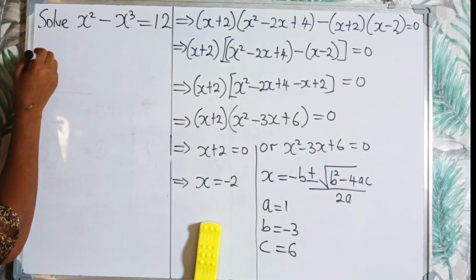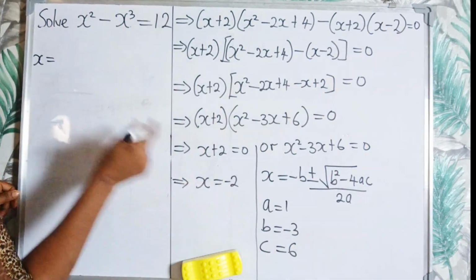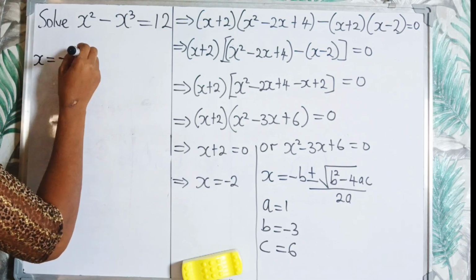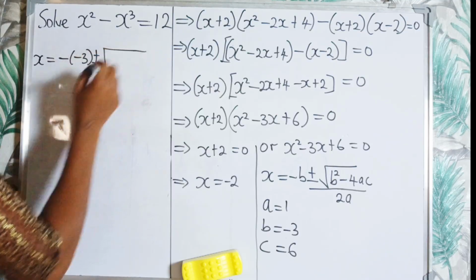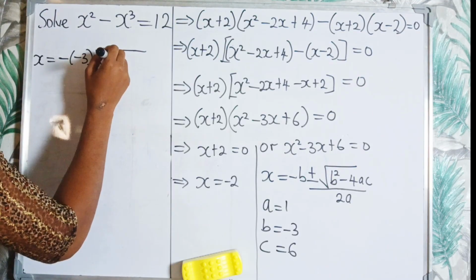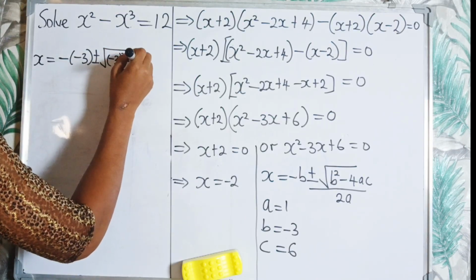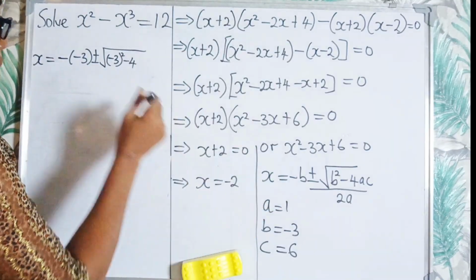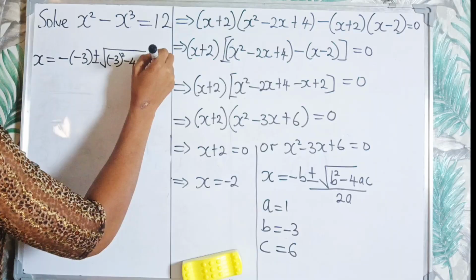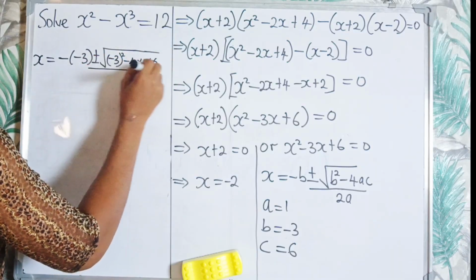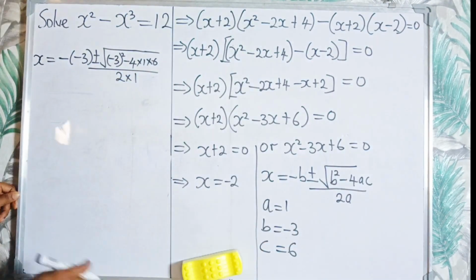So now our x is equal to minus b, minus times minus 3, plus or minus the square root of b squared, which is minus 3 squared, minus 4 times our a, which is 1, times c, which is 6, and this is divided by 2 times 1. 1 is our a.